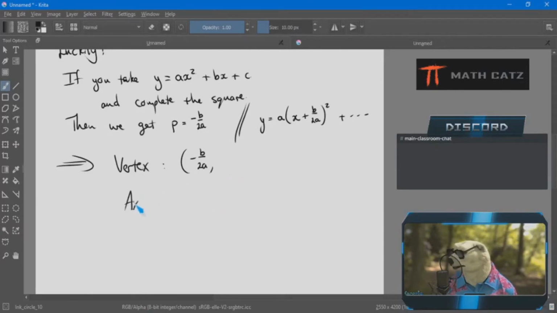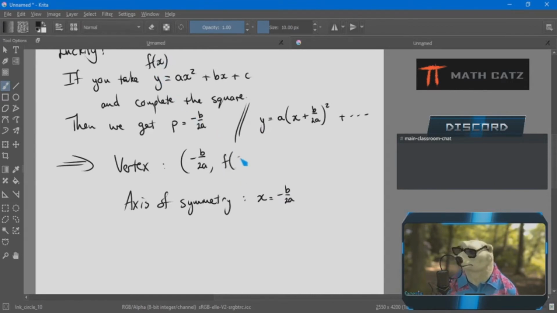This then also means the axis of symmetry. Remember, that is the x-coordinate of the vertex, so it is going to be the line x equals negative b over 2a. Now, how do I find the y-coordinate? If this is my f of x function, then I simply plug in the x-coordinate into the function to find the y-coordinate.